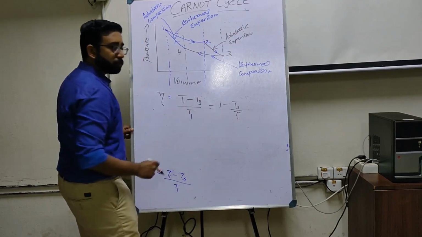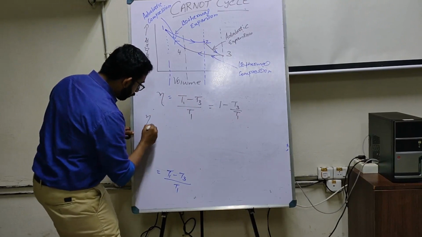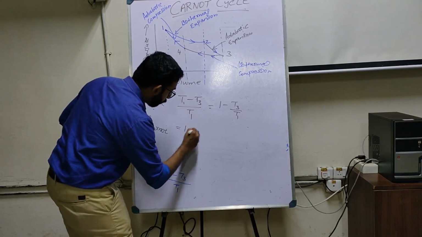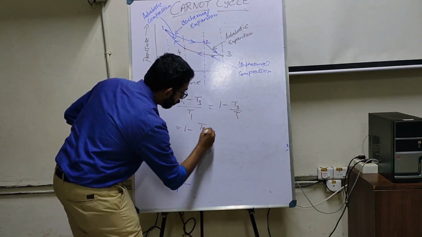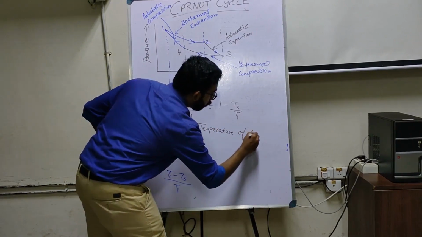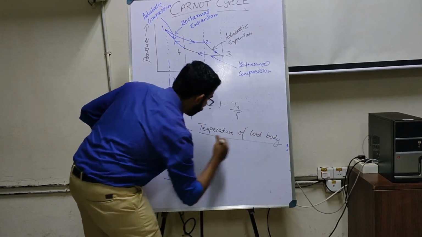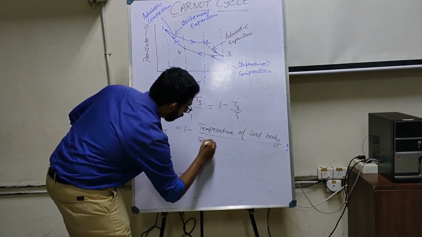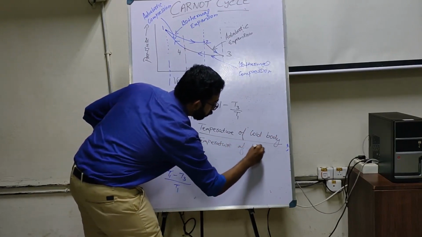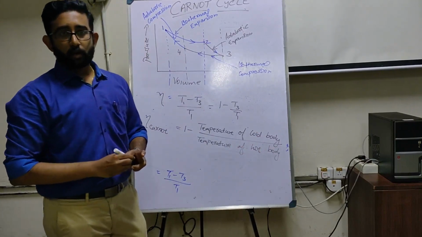Now this is the expression for the standard efficiency of a Carnot cycle. That is, efficiency of a Carnot cycle will be equal to 1 minus temperature of cold body divided by temperature of hot body. This is a general expression for a Carnot cycle.